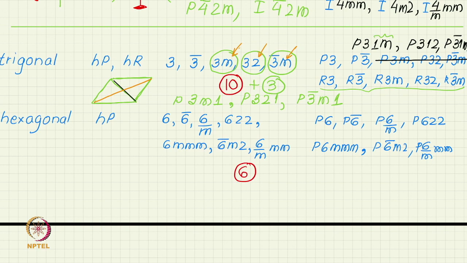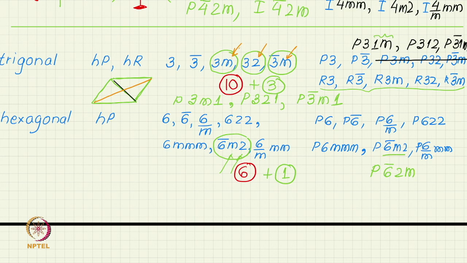Now, we have gone into a lot of details. In the hexagonal, the same issue comes with 6 bar M2, because there is a mirror and there is a two-fold, and they can be aligned either along the short diagonal or along the long diagonal. So, here also you generate one more space group, which we will now call P 6 bar 2M.